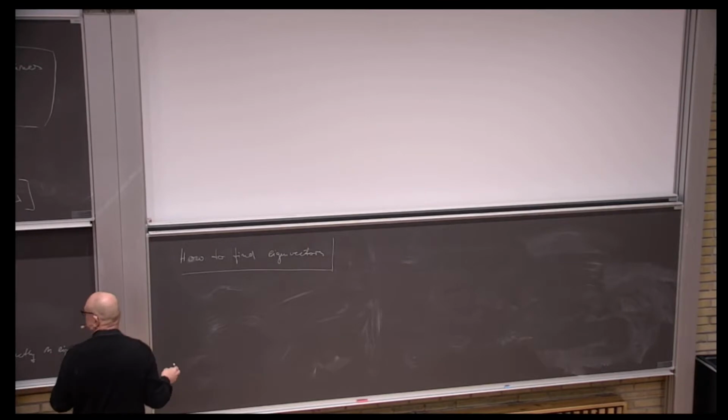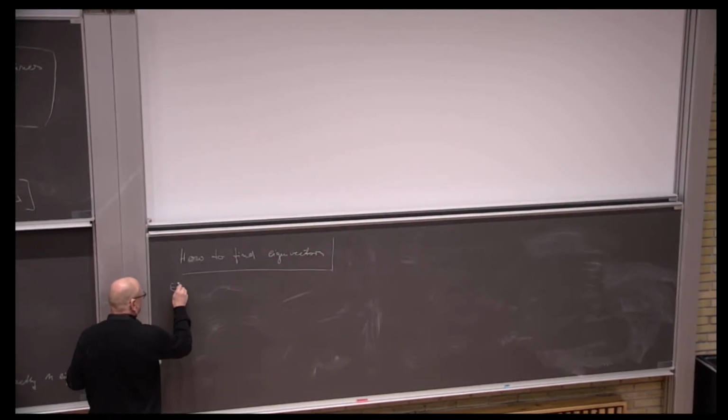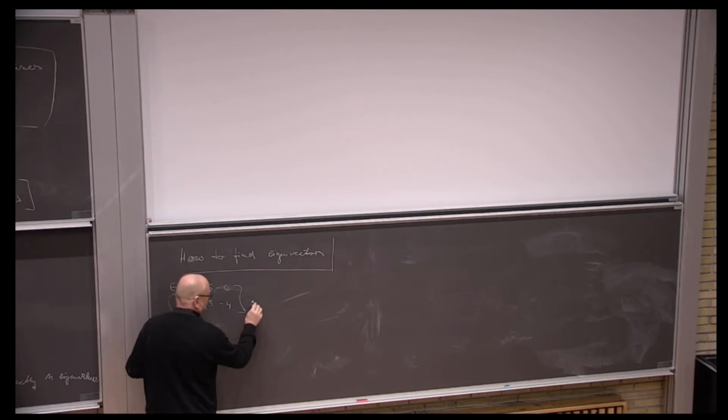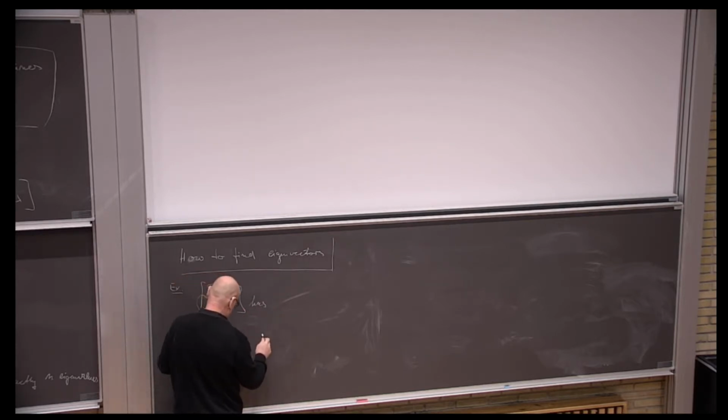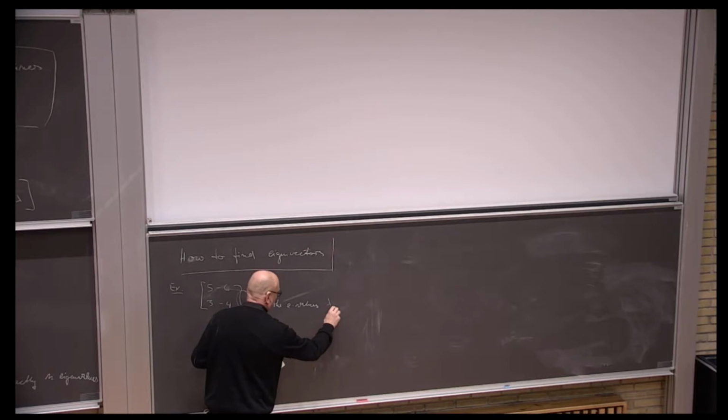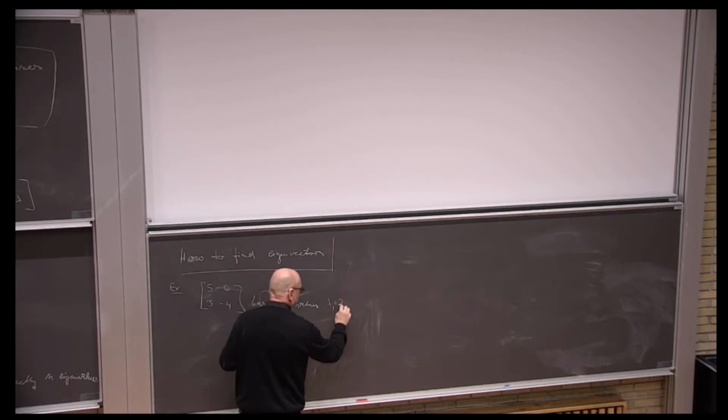So let me take the example up here. So I write it again: 5 minus 6, 3 minus 4. And it has the eigenvalues lambda 1 equal to 2 and lambda 2 equal to -1.